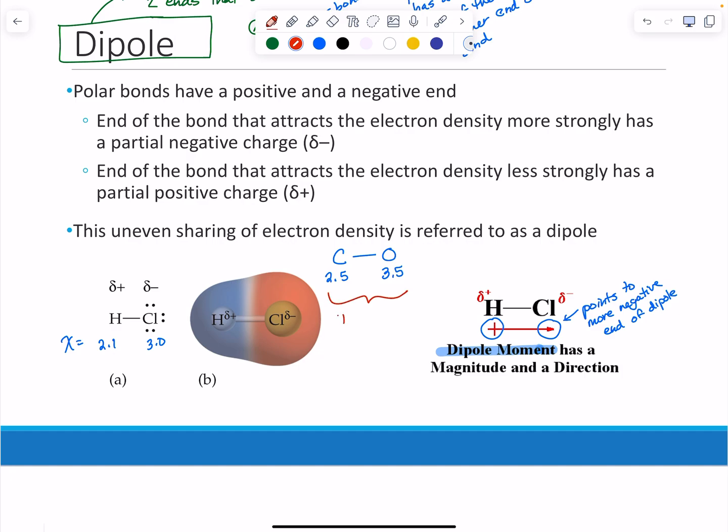So tell me, is the dipole moment in this bond bigger or smaller than that of HCl? What do you think?